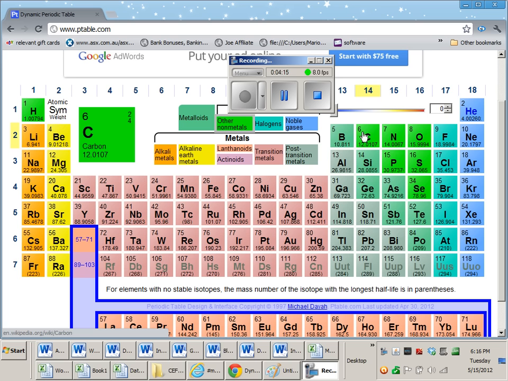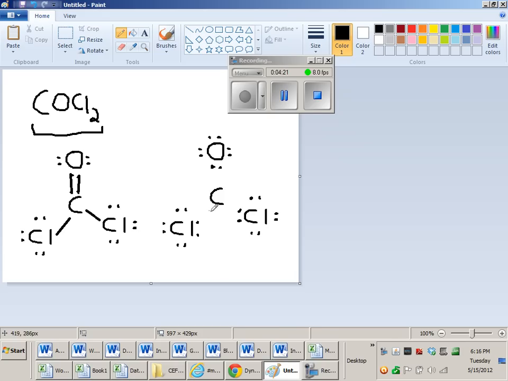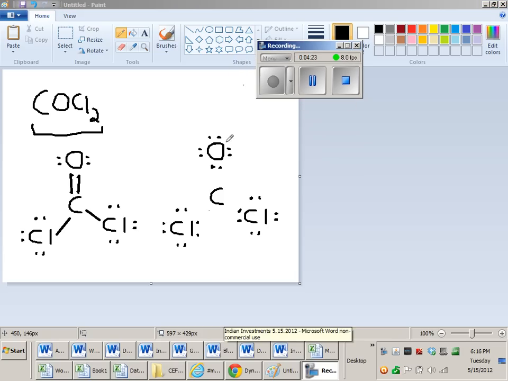A neutral carbon has 4 valence electrons, and a neutral chlorine has 7 valence electrons. If I look at the broken bond picture to get oxidation states, what I see here is that the oxygen has 8 valence electrons, which is 2 more than the neutral oxygen. So it has 2 more electrons. That's a 2 minus charge.